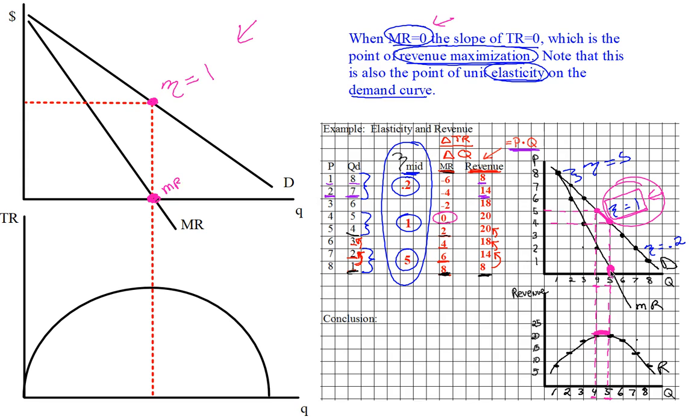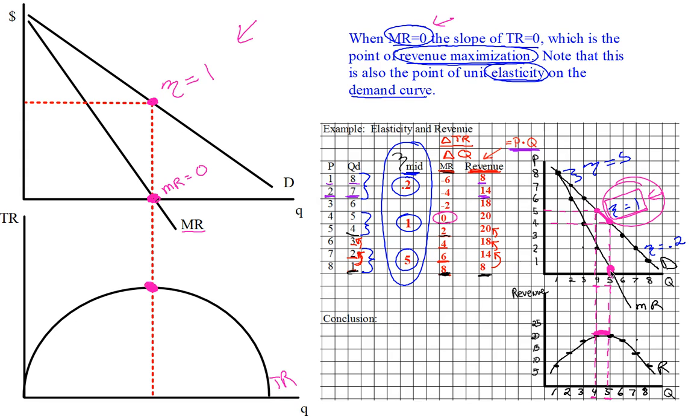Those two things have to happen together. Mathematically, they have to happen together. But here's what else we know. We know that the marginal revenue is really just the slope of this total revenue curve down here. So when the marginal revenue is equal to 0, that is when we are at the maximum point for total revenue. That's when total revenue is maximized.